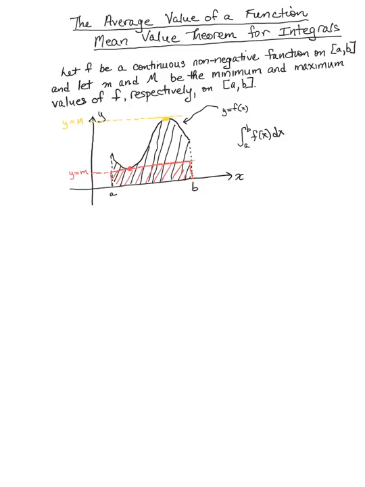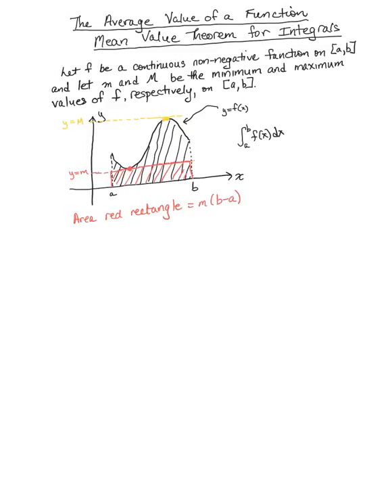Now, the area of the red rectangle can be represented as the height, which is little m, times the width, b minus a.